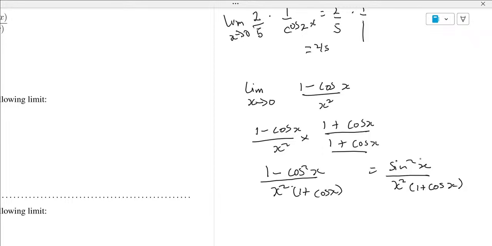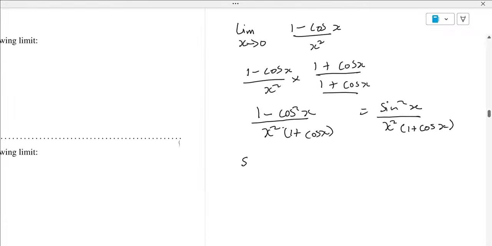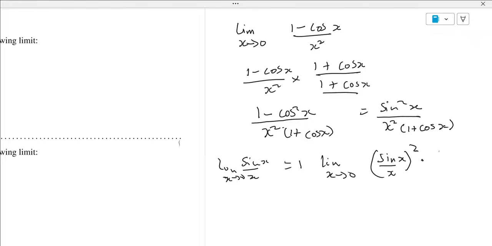So what we can do is that here we have an idea that the limit of sine x over x as x approaches 0 is 1. So same idea, we split this one into 2. So we have the limit as x approaches 0 of sine x over x all squared, times 1 over 1 plus cos x.